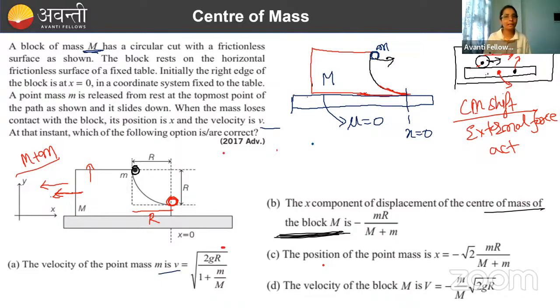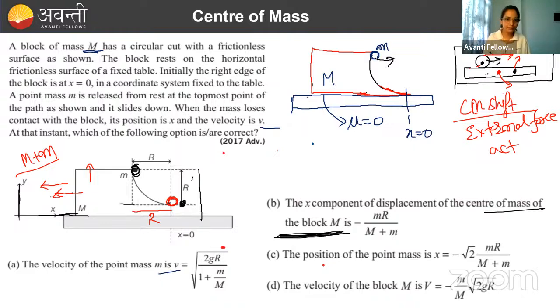So capital M has no energy, but here this is taken as the x-axis and this is taken as the y-axis. And here point mass m is kept at what height? Initially it is at a height of this, and finally it is coming at this height.